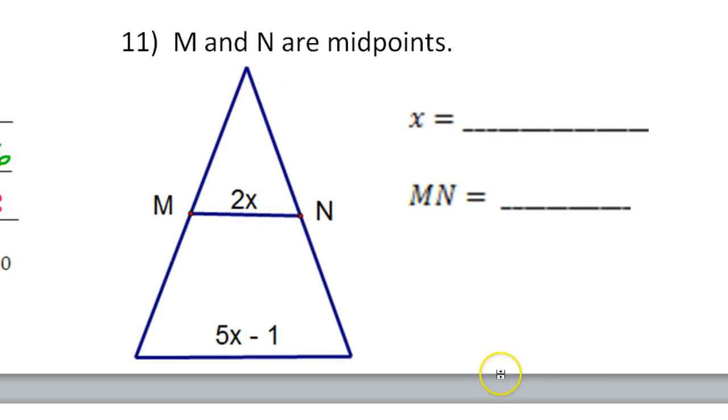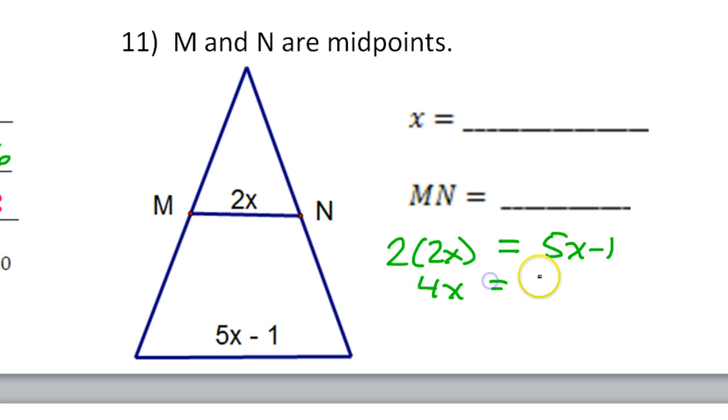Alright, now number 11. M and N are midpoints, so it's the same situation as before. It's really kind of the same problem as before. You'd have to double the smaller one to have it equal the bigger one. So that means if I double the 2x, that should equal the 5x minus 1. So that means 4x is equal to 5x minus 1.